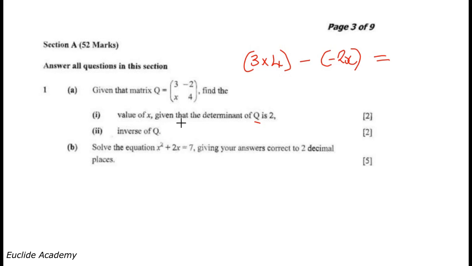So what is the value of the determinant of Q? They've said the determinant of Q is 2, so I'm going to put 2 there. And then 3 times 4 gives me 12. Here there's a negative, and remember that there's already a negative in the -2x.